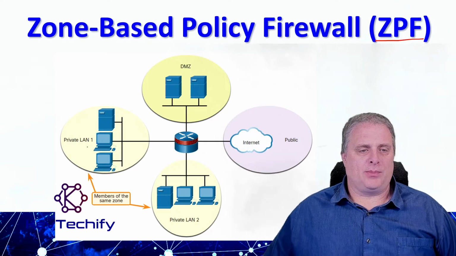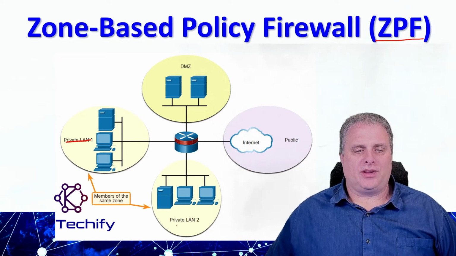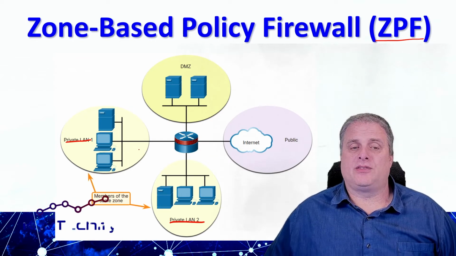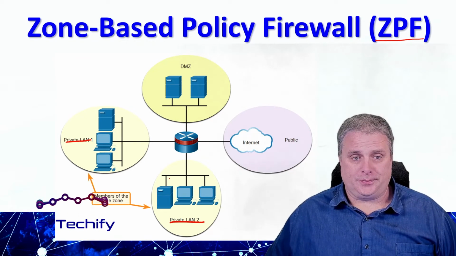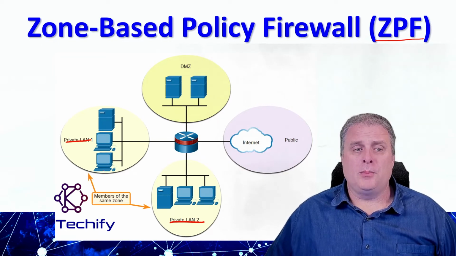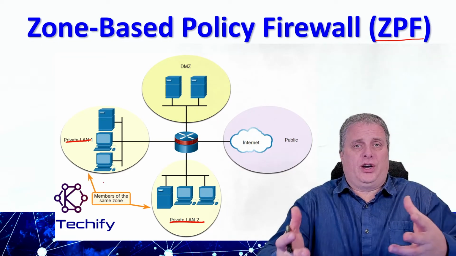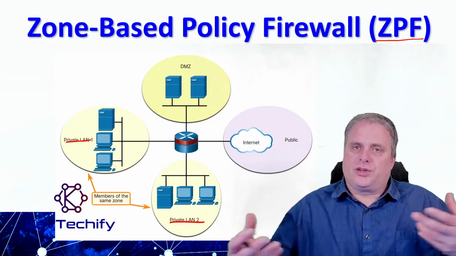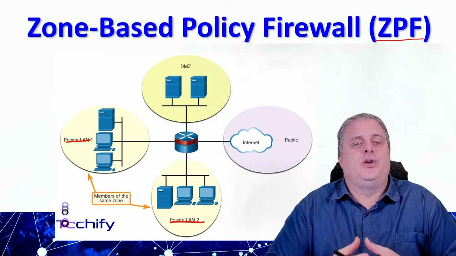Right here in this example, we have private LAN 1 and private LAN 2. What this could be is maybe different buildings, building 1, building 2, or different floors in your organization, floor 1, floor 2. But they are part of your company. They are basically the same, except they're split for whatever reason you have set up.